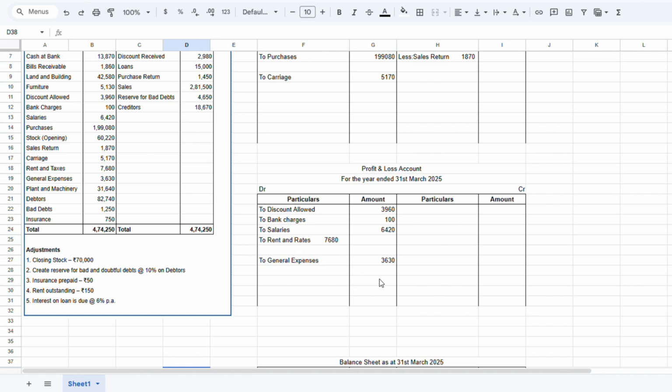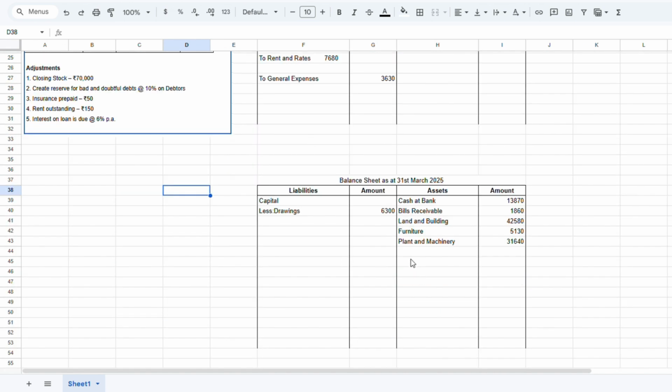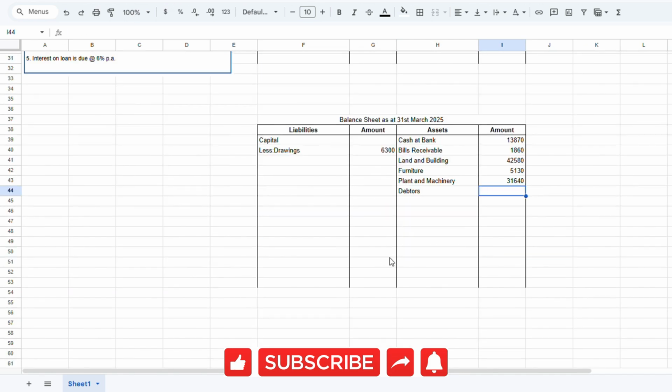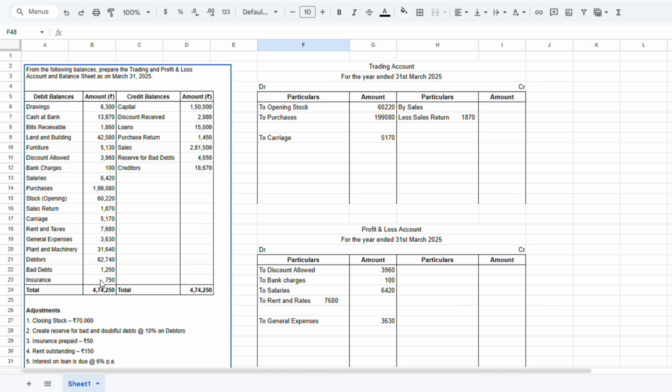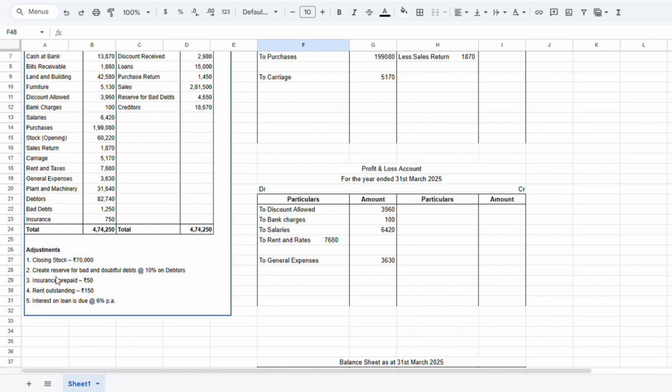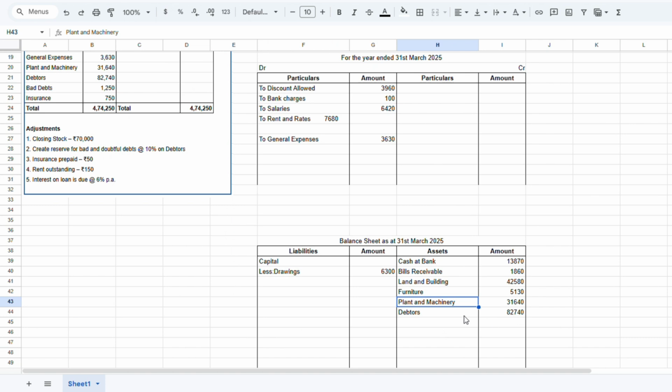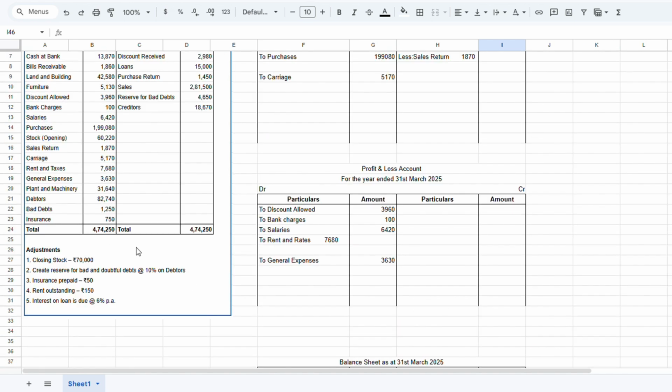So balance sheet asset side, debtors 82,740. Next, we have a bad debts adjustment also, create reserve for bad debts, so we will take debtors in the inner column.